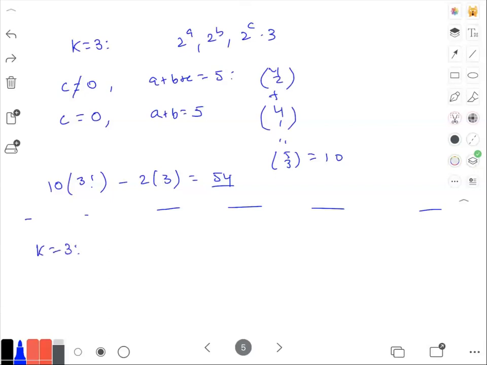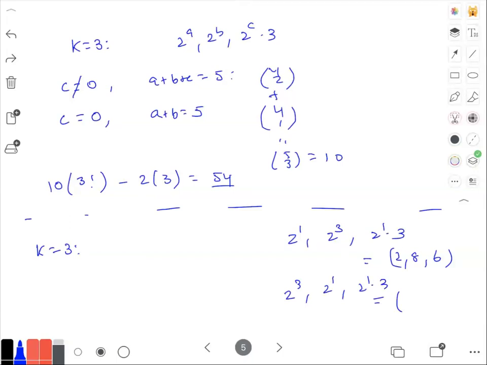So k equals 3. Say, for example, we chose a equals 1, b equals 3, and c equals 1. I'll write out what this is: this is 2, 8, and 6. But then say we were to choose a equals 3, b equals 1, and then c is uniquely determined to be 1.